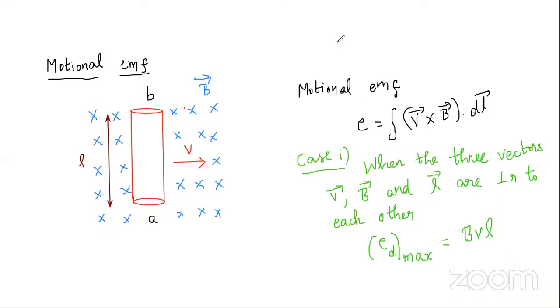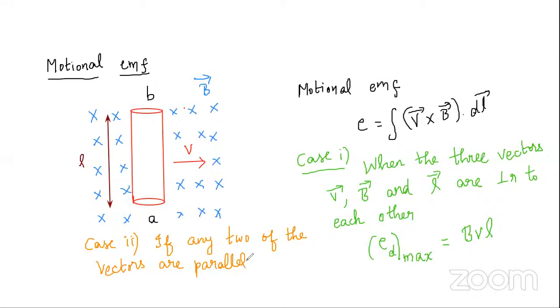Now we are going to consider the next scenario, case 2. If any two of the three vectors are parallel or anti-parallel to each other, then the dynamic EMF is 0. Parallel means the angle between them is 0 degrees.